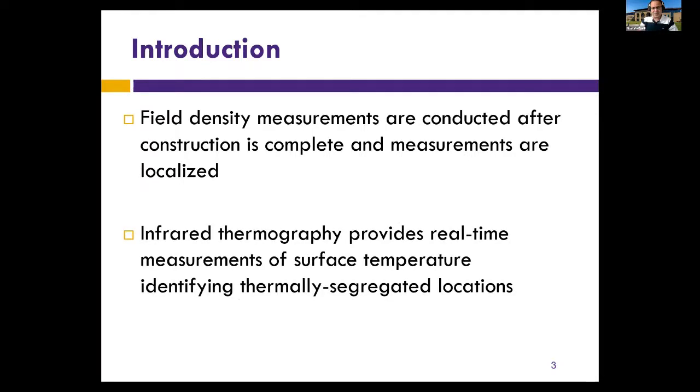One of the methods that can be used to detect thermal segregation during construction is infrared thermography, which allows you to detect thermal segregation in real time. And this can be beneficial because if you detect thermal segregation, you can avoid it during construction, and that can be a very big advantage.